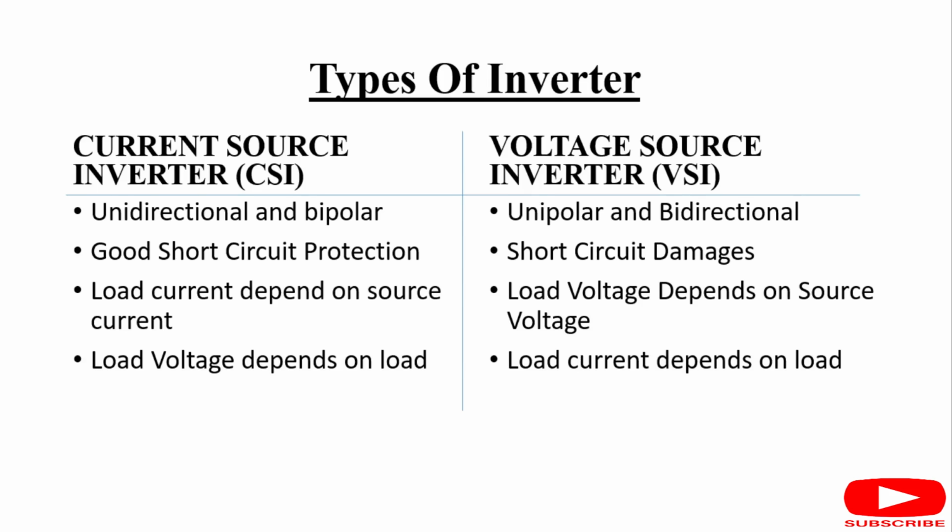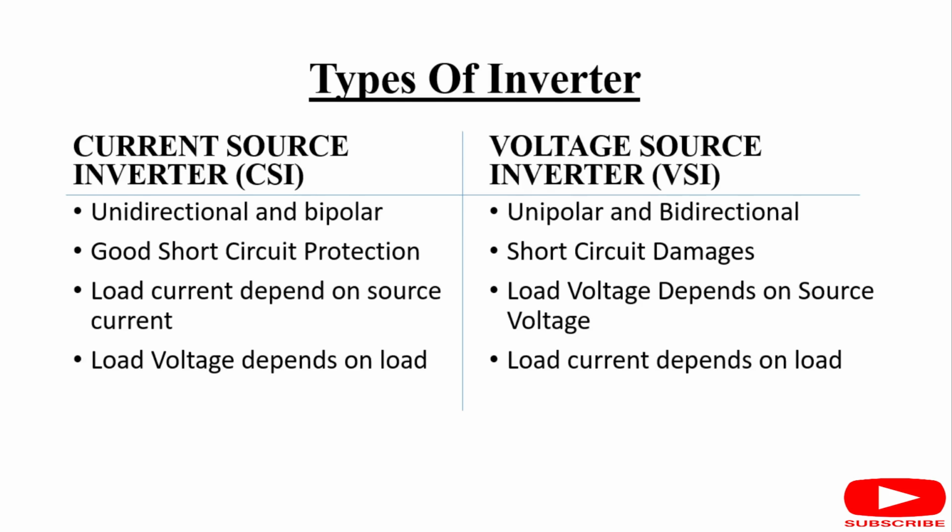Now, types of inverter. On the basis of sources, there are two types of inverter. The first is the current source inverter, called CSI, and the other is the voltage source inverter, called VSI. The current source inverter is bidirectional... rather, unidirectional and bipolar, and the voltage source inverter is unipolar and bidirectional. Let us see the difference between unidirectional and bidirectional.